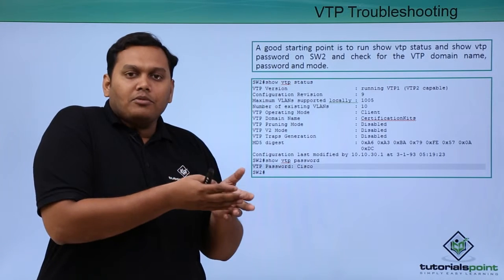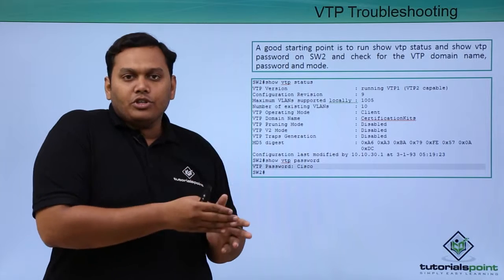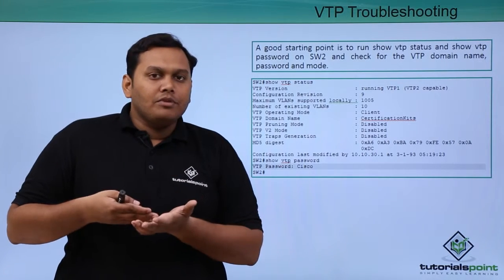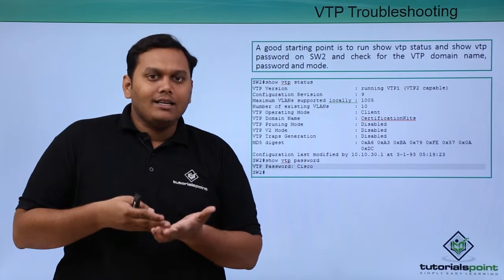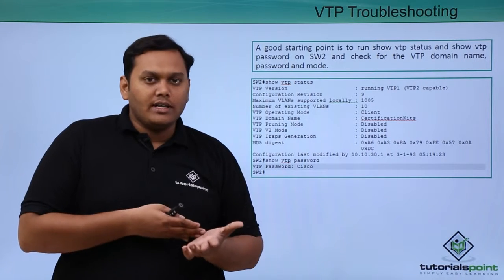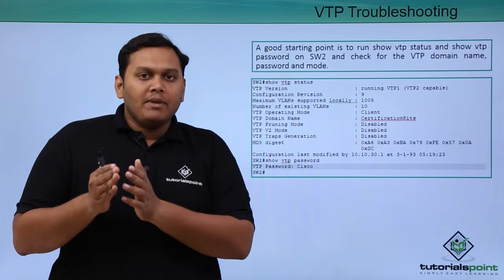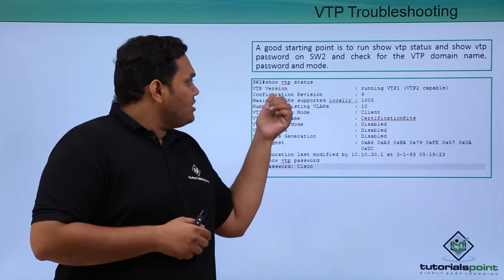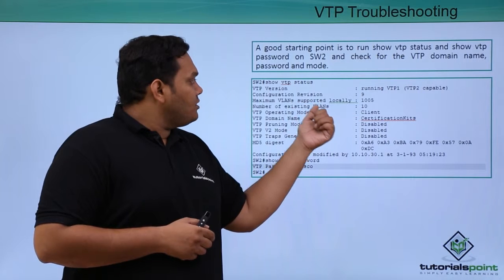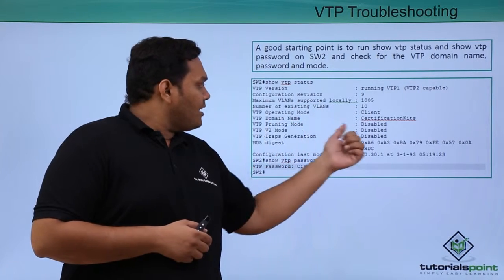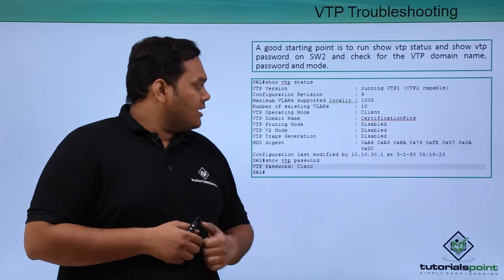For basic VTP troubleshooting, first the VTP domain name, which is case sensitive, should be configured correctly on both switch 2 and switch 1. The VTP password should also be the same and case sensitive. In show vtp status, you see it is supported locally through 1005, and the domain name is shown.